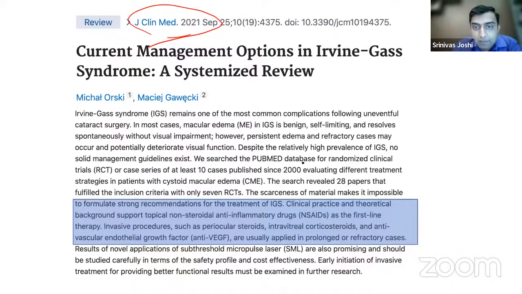They searched the PubMed database for randomized controlled trials since 2000, looked into various clinical trials, and found that clinical practice and theoretical background support topical non-steroidal anti-inflammatory drugs as the first-line therapy. Invasive procedures such as periocular steroids, intravitreal corticosteroids, and anti-VEGF are usually reserved for prolonged or refractory cases of PCME.